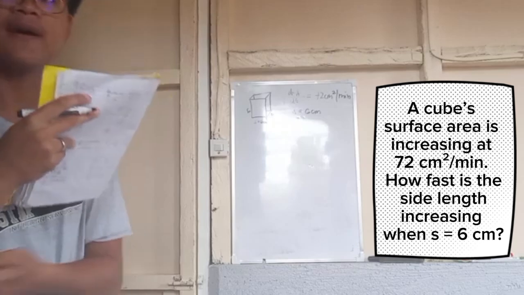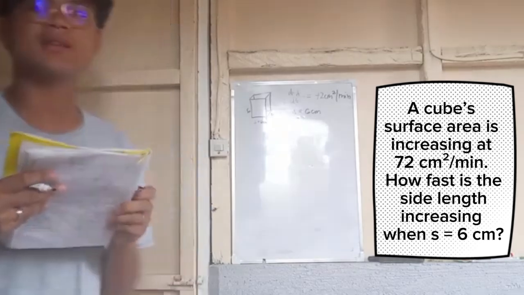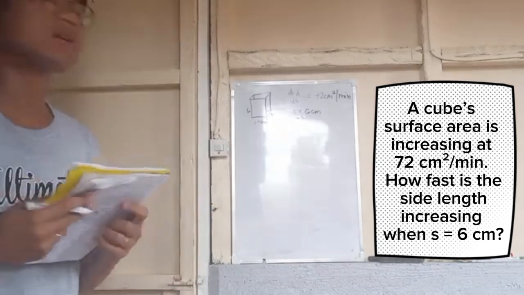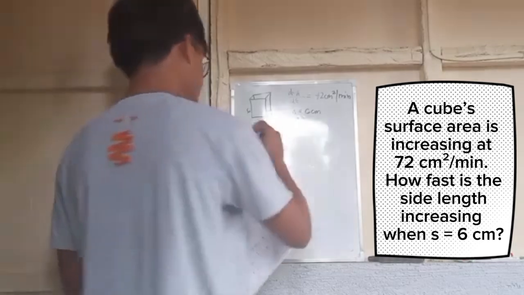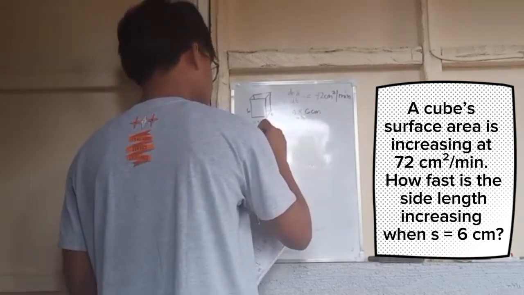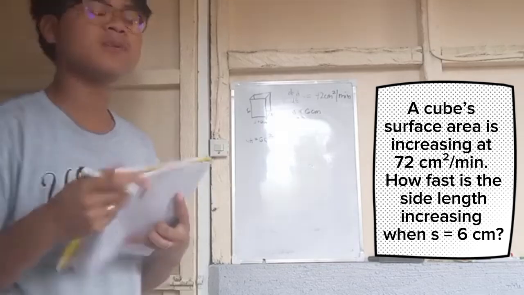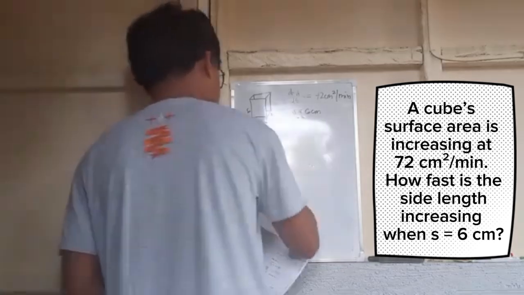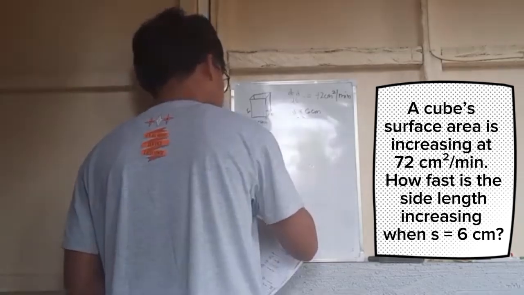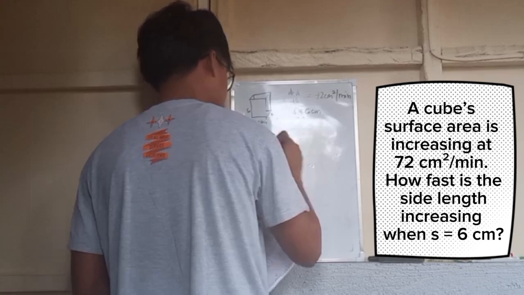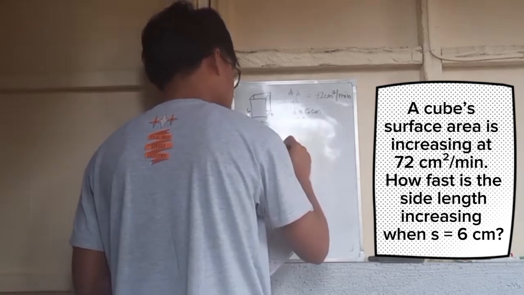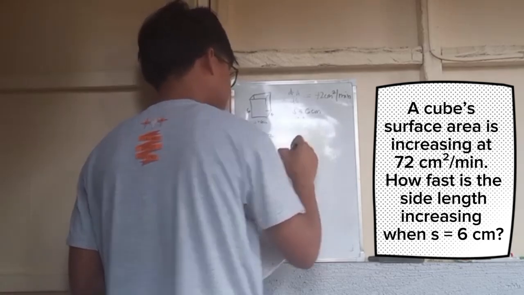Now, we all know that the formula in getting the surface area of the cube is equal to 6s squared. Now, we will differentiate the formula so that we can get dSA over dt is equal to 12s ds over dt.